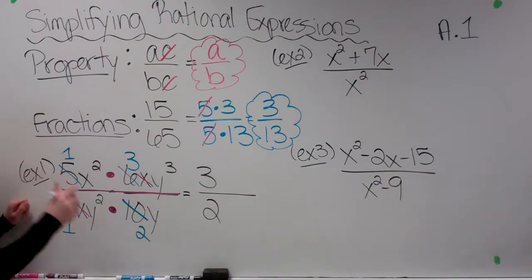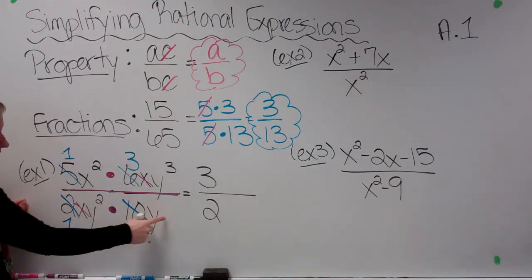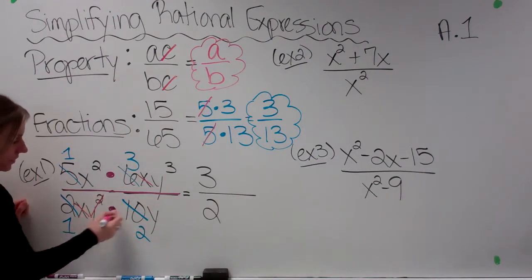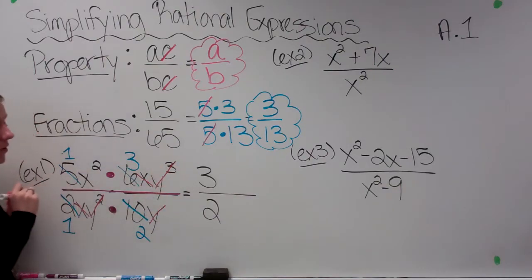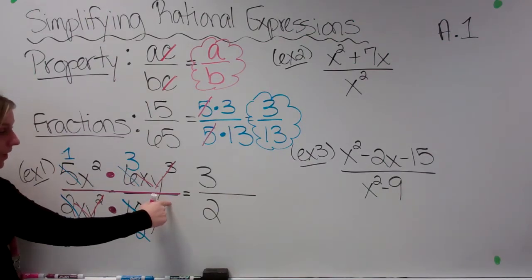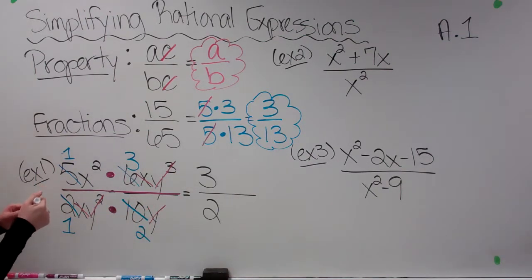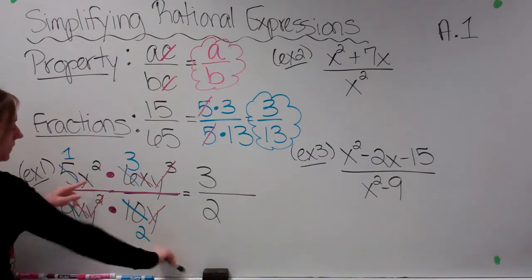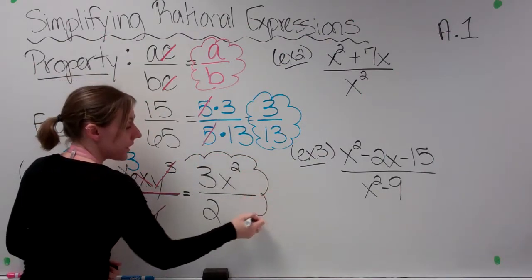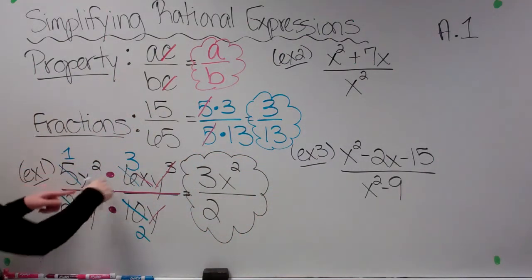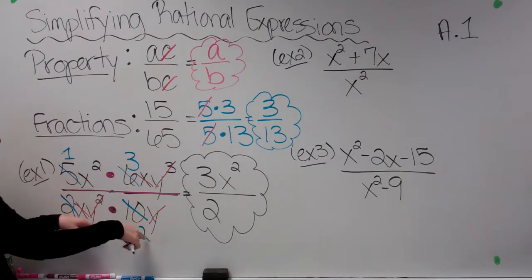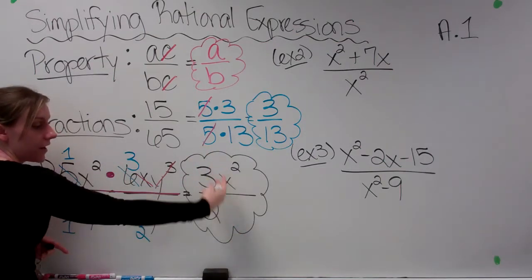We've got 2 Y's here and a third one there, so 1, 2, 3. These 3 cancel out with those 3. So y to the third, y squared and another y, is also y to the third, so those cancel out. And the only thing we have left is just our x squared. That's our final answer. We reduced our numbers early, our coefficients, we canceled out anything that matched on top and bottom, and the leftover is our answer.